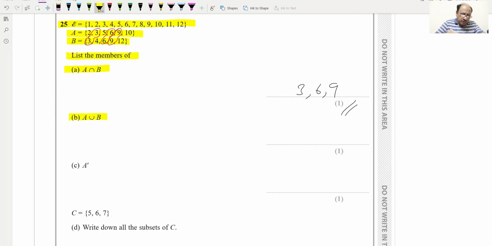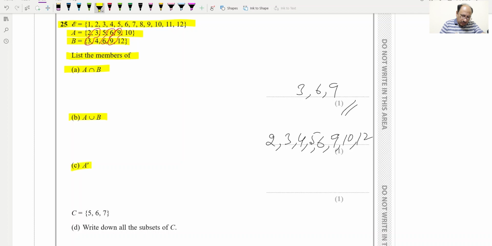Now A union B will be combining all the members without repetition. So it will be 2, then 3, 4, 5, 6, and what else, it will be 9, 10 and 12, and this will be the answer.